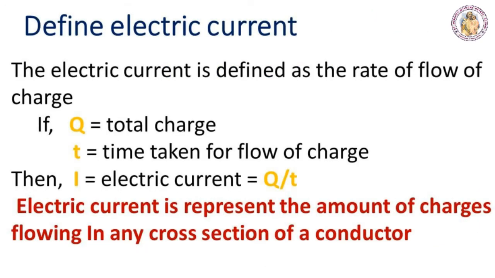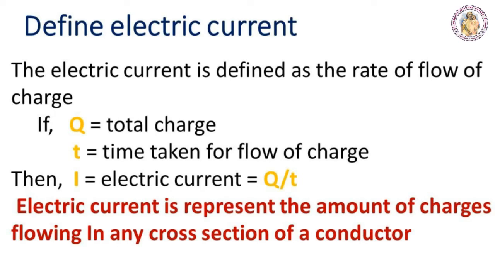Now let's see the definition of electric current. Electric current is often termed as current and it is represented by the symbol I. It is defined as the rate of flow of charges in a conductor. This means that the electric current represents the amount of charges flowing in any cross section of a conductor in unit time.